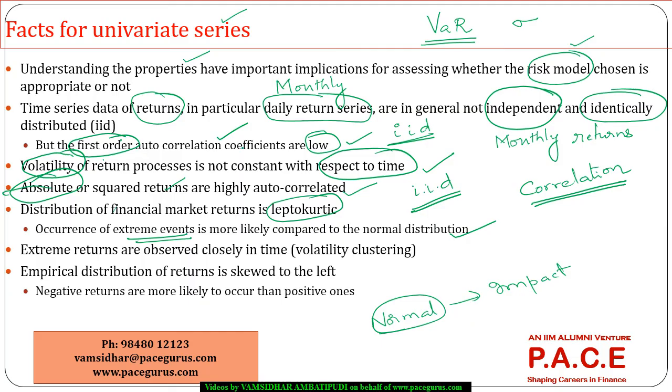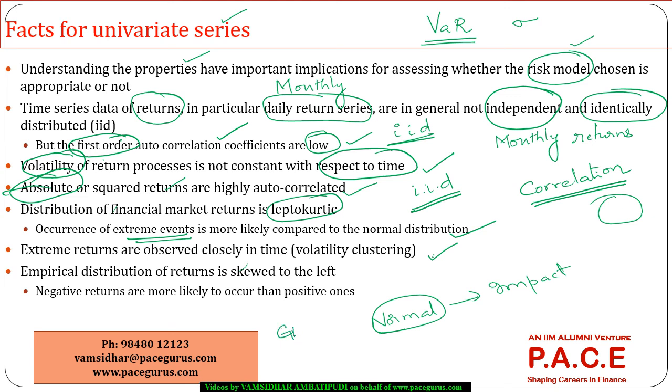So this is what we are saying. The extreme returns are observed closely in time. Most of the extreme values come at one particular point in time, and that is what we are calling volatility clustering. And it's very important for me to identify the volatility clusters, right? This is where we cannot use the general standard deviation kind of a mechanism.